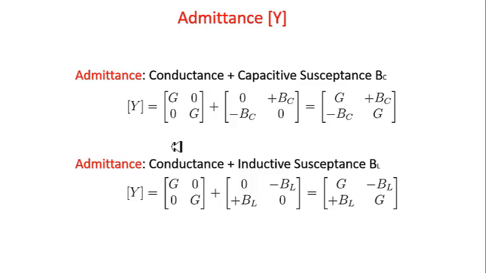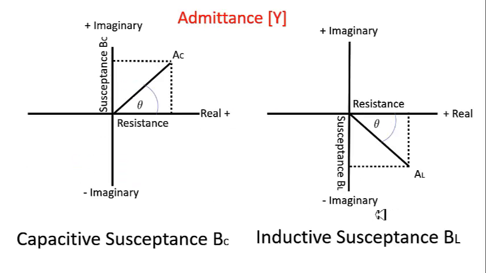And when you add these two together, you can combine them in one complex 2x2 matrix where G occupies the forward diagonal and the susceptance occupies the backward diagonal. And we can do the same. So here you see the inductive susceptance is the complex conjugate of the capacitive susceptance.